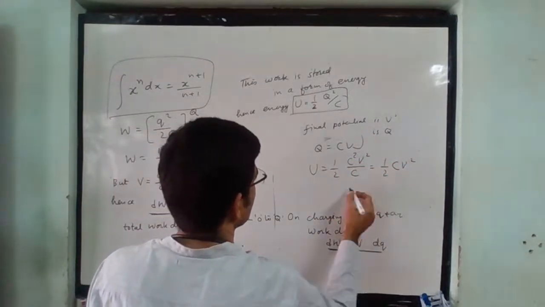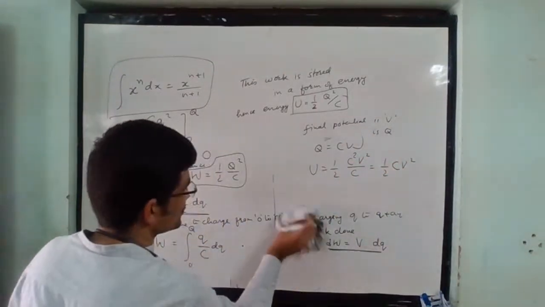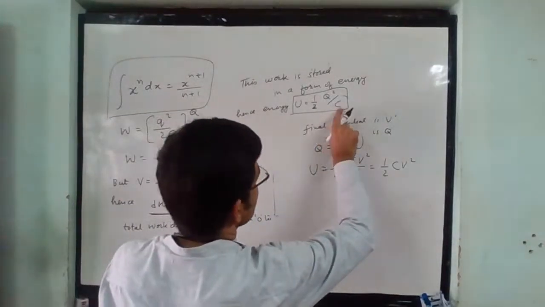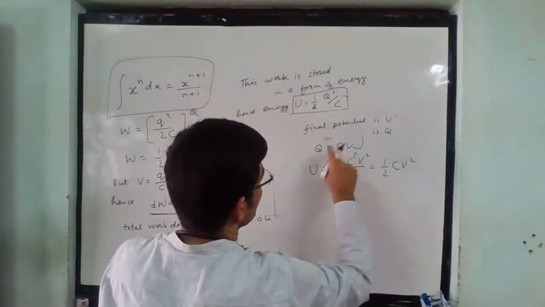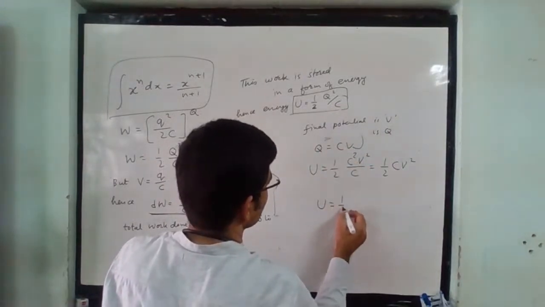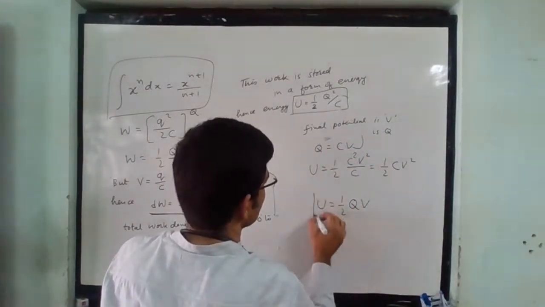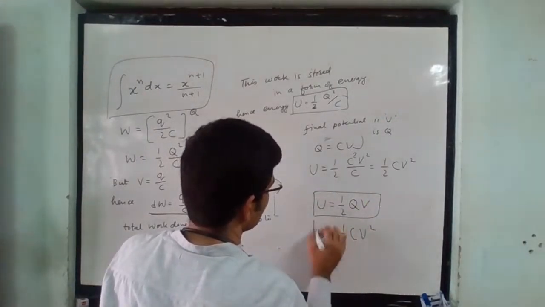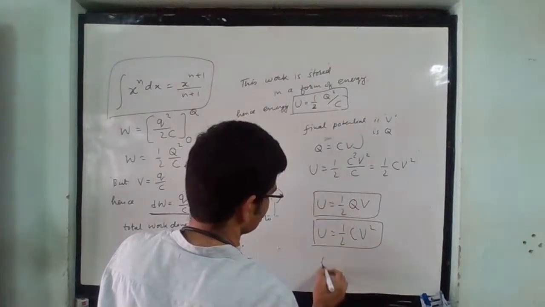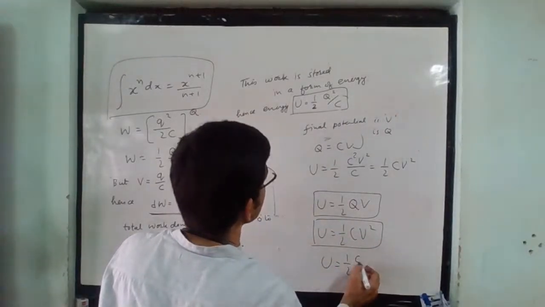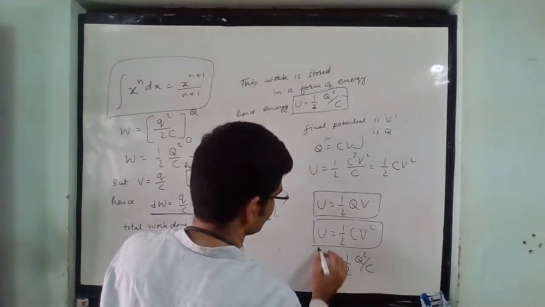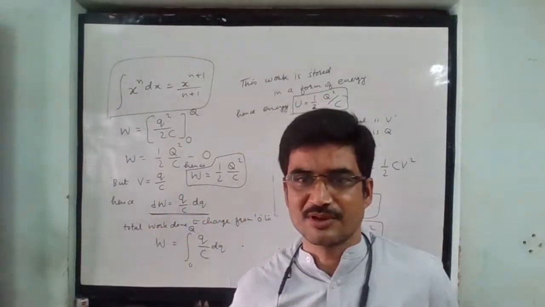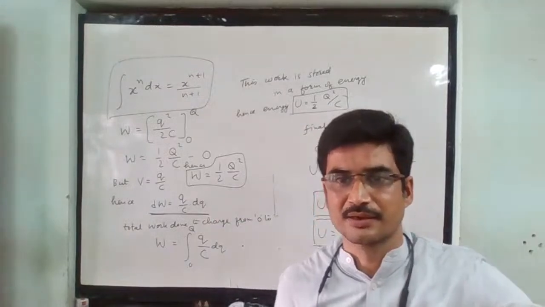Half CV square. One more relation. And also, when you put C is equal to Q by V, you will get half QV. So these three formulas you have to memorize. All belong to energy. Clear?